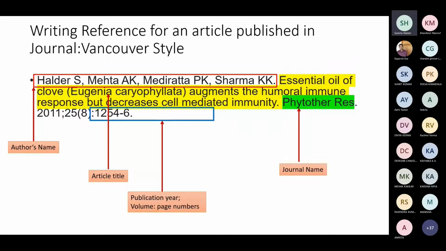Then the name of the article, then the name of the journal, then the year, volume, issue, and page number. So once you start doing it, you will get the hang of it. Now this I am telling if you are doing it manually. There are obviously softwares available nowadays which help to do it automatically. I'll come to that.